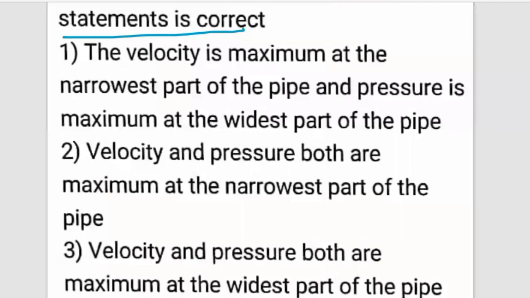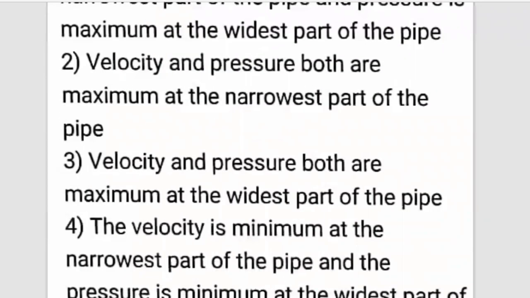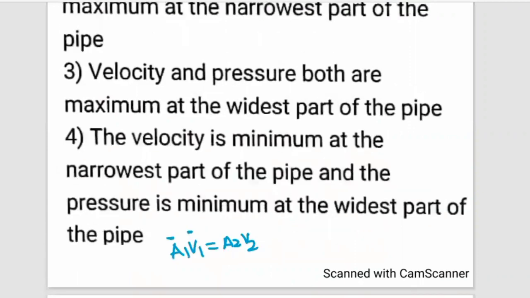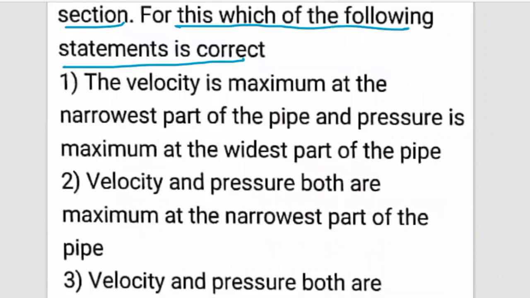So this is wrong. Velocity and pressure both are maximum at the widest part of the pipe. This is also wrong. The velocity is minimum at the narrowest part and the pressure is minimum at the narrowest part. This is wrong too. For a horizontal pipe, velocity is maximum at the narrowest part and the pressure is maximum at the widest part. So option A is correct.